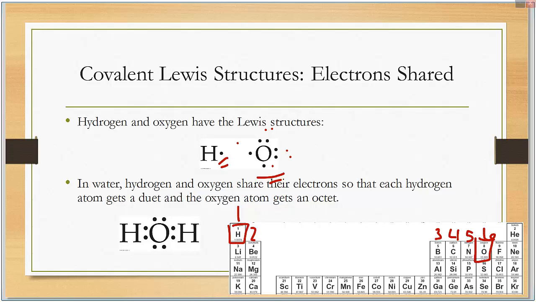In water, hydrogen and oxygen share, not transfer, their electrons, so that each hydrogen atom gets a duet and oxygen atom gets an octet. So here, if I look at oxygen, 1, 2, 3, 4, 5, 6, 7, 8. If I look at hydrogen, it still has a duet there of 2.